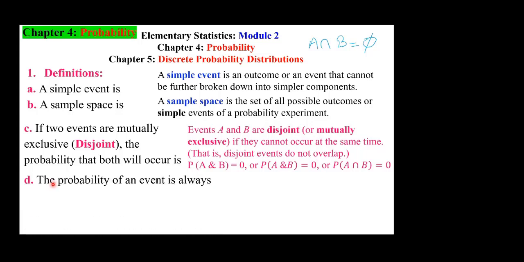The probability of an event is always between 0 and 1. Can it be negative? No. Can it be larger than 1? No. What you want to pay attention to, the only time that it goes above 1, is if it happens due to round-off error, meaning it might go to 1.000001, something like that, or close to 1, like 0.9999.